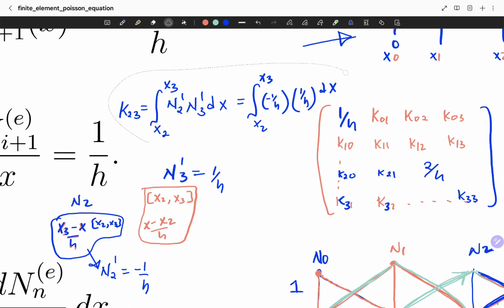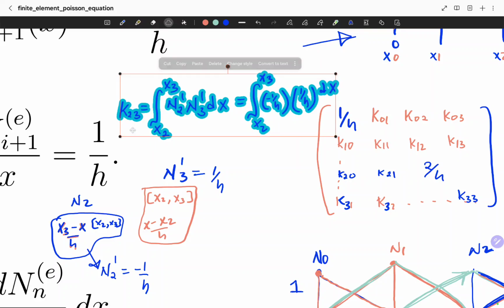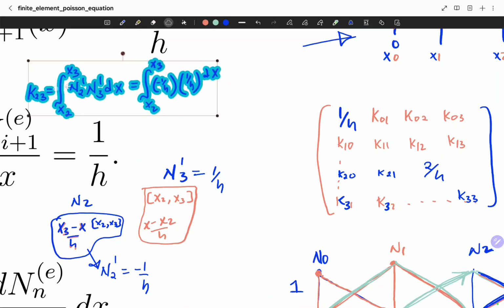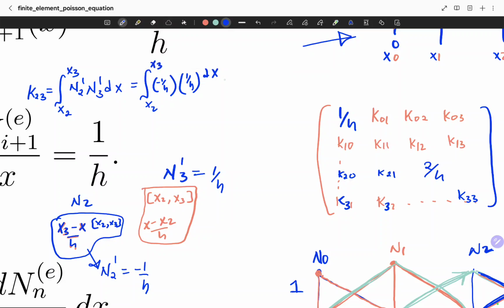And what do we get? We get negative, when you do the integral, because it's going to be 1 over h squared. When you do x3 minus x2 equals h, you're going to get minus 1 over h.